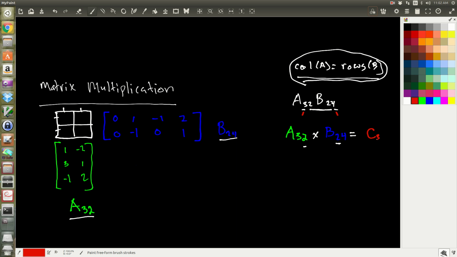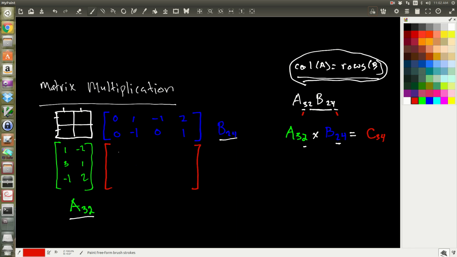That's just the convention, the rule. So we can draw the resulting matrix right down here, and if we make it match these two matrices' dimensions on the sides, then we see exactly how big it's going to be.